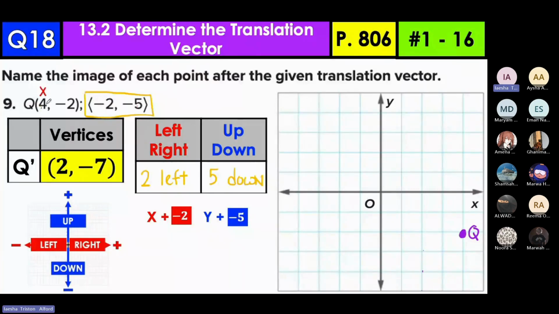So this is the x. 4 plus a -2 gives you +2. This is the y number. -2 plus a -5. If you put this in the calculator, you will get -7. So Q prime is at +2 and -7.